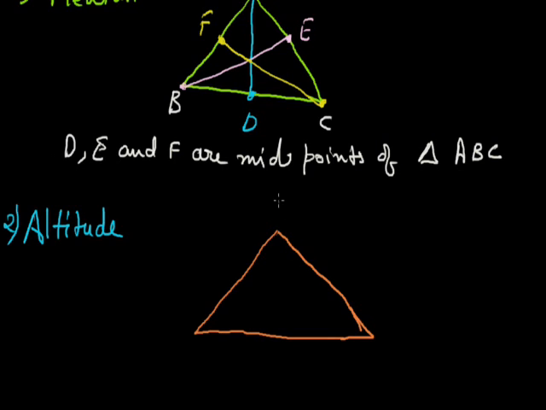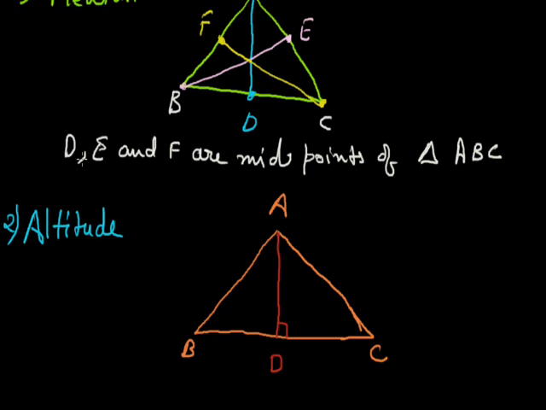That is, if ABC is a triangle, and I draw a perpendicular from A to BC, then this is the one altitude.